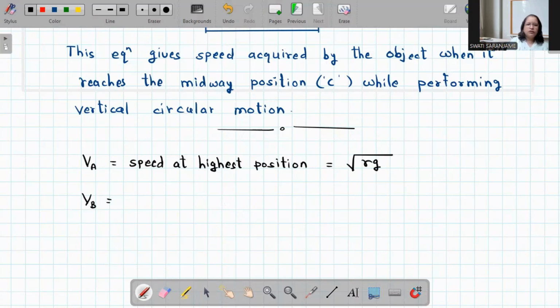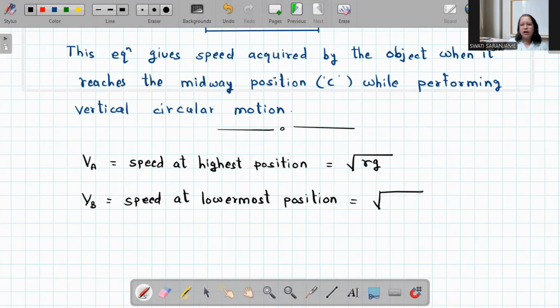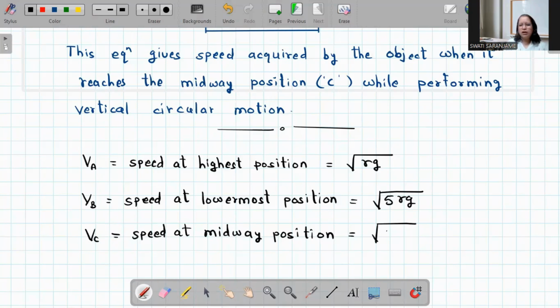VB is equal to the speed at lowermost position, and is given by under root 5RG. And of course, the last, VC, is the speed at midway position, which is under root 3RG.